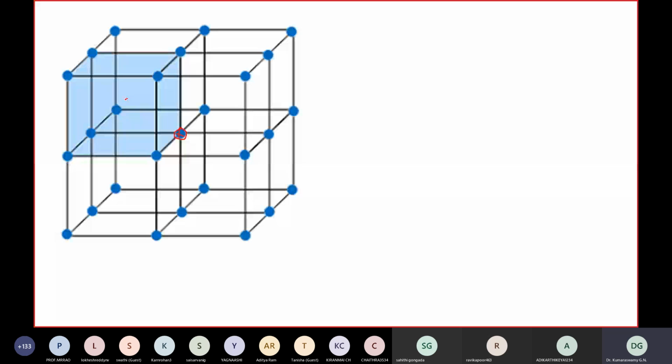One atom at this point, one atom at this point, one atom at this point, body center of this unit cell, another atom, this unit cell's atom here. So these atoms are exactly at the same distance from this atom. This is unit cell 1, unit cell 2, unit cell 3, and unit cell 4.